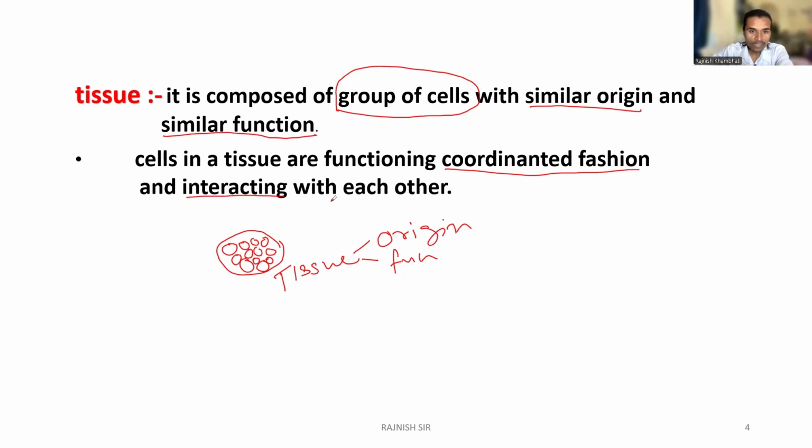Interaction means one cell makes a connection with another cell, and that is how two cells are in connection and together do the function. If one cell requires some material, it will take it from some other cell, and so on. This is interaction between one cell and another cell.